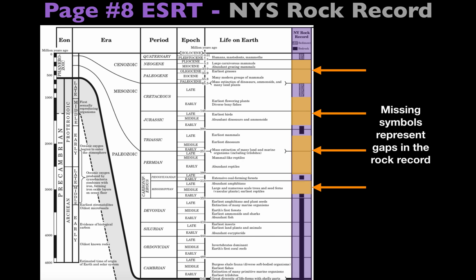So we need to realize that when you have missing gaps in that rock record, those are examples of unconformities. During these time periods in New York State, there were probably instances of uplift, weathering, erosion, and deposition, which took some of the rock layers out of the rock record and new ones deposited over them in their place, allowing for those gaps in the rock record to develop.